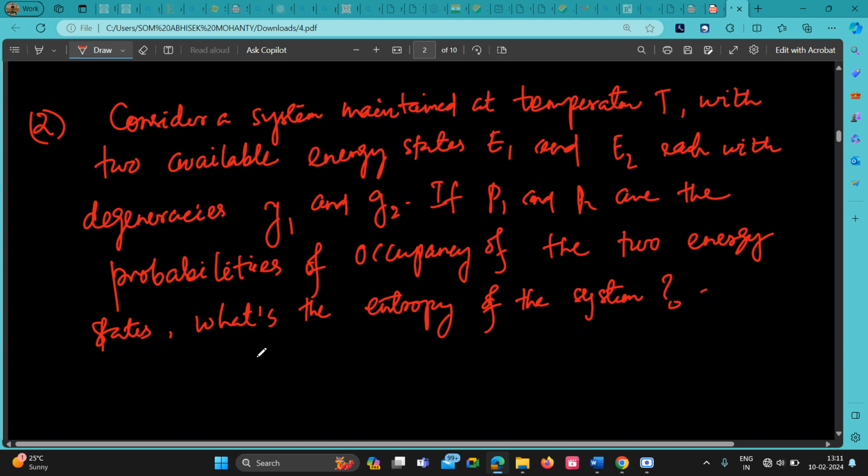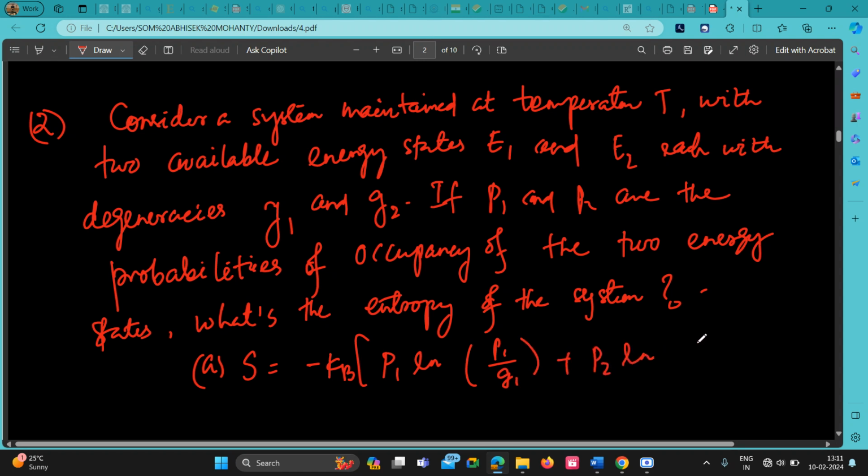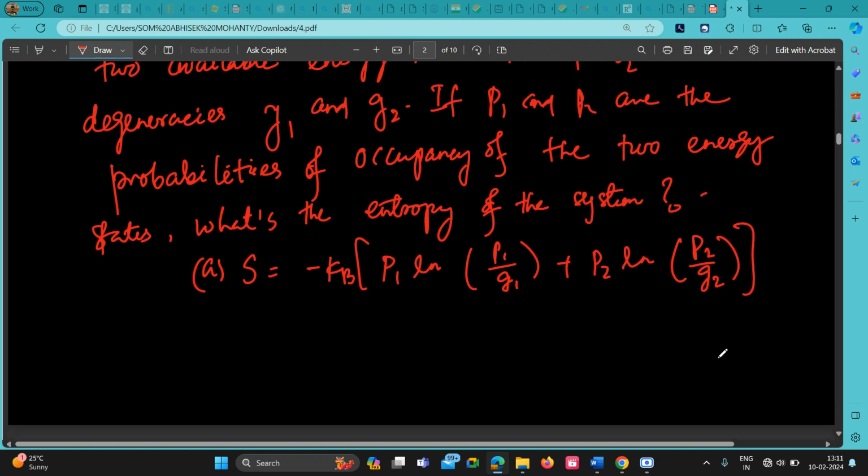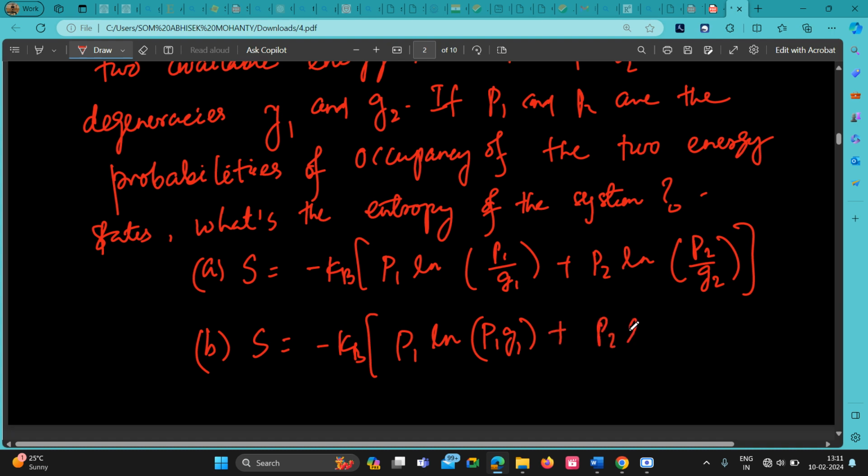Option A, S is equal to minus KB P1 ln P1 by G1 plus P2 ln P2 by G2. Option B, S is equal to minus KB P1 ln P1 G1 plus P2 ln P2 G2.